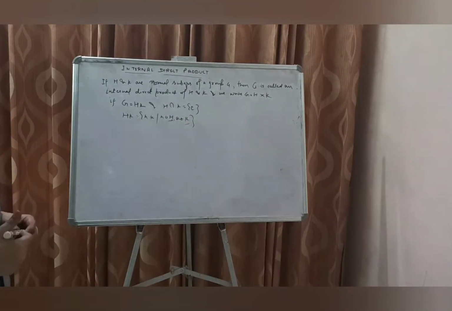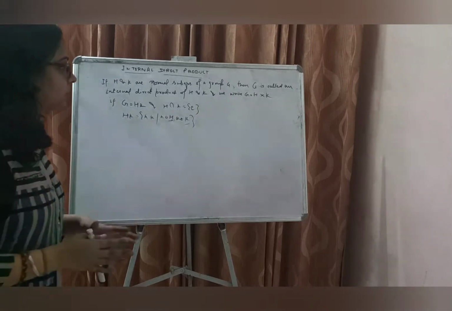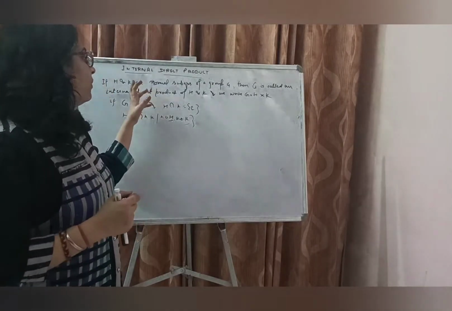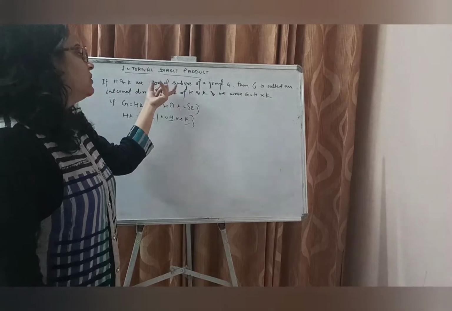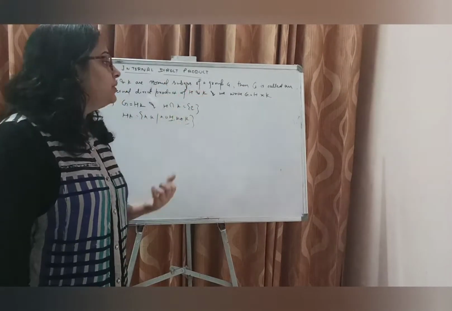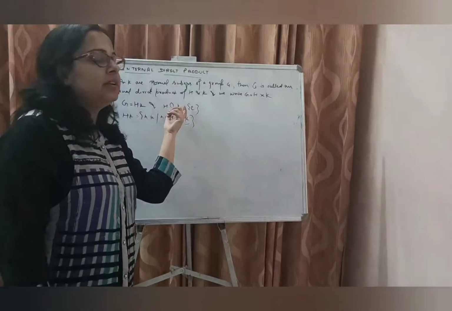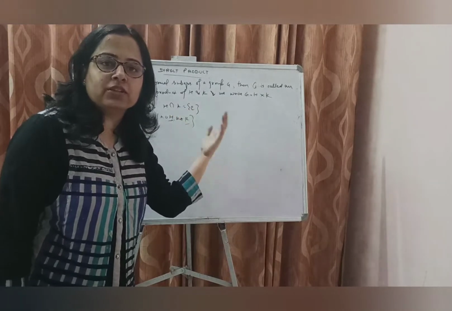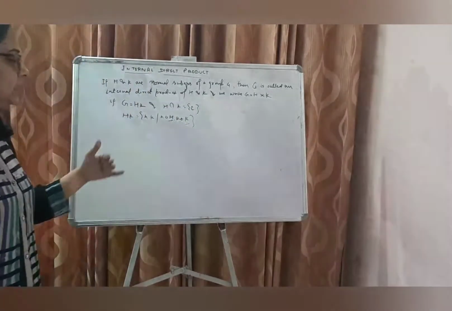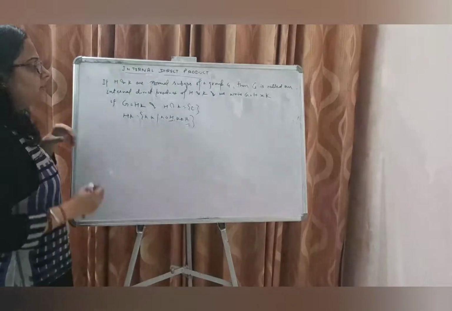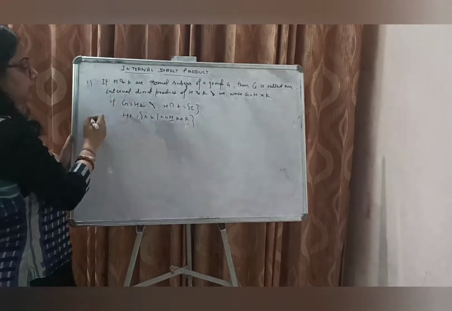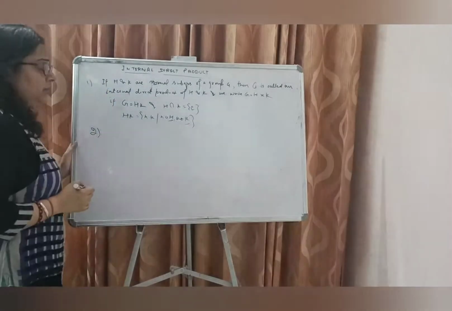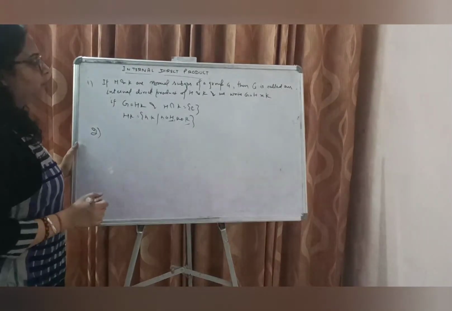Now you might be coming up with some questions in mind: why have we introduced normal subgroups? It could have been a simple subgroup, and why this extra condition H intersection K is identity? So let's see. First let's define, this is only for two subgroups, the definition for n subgroups.